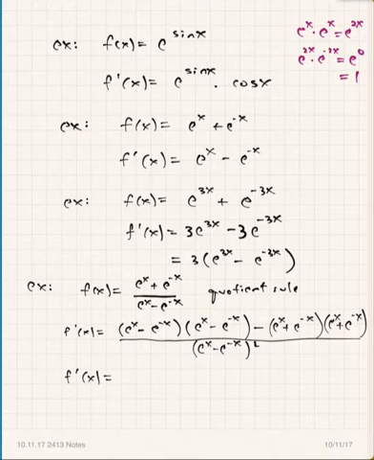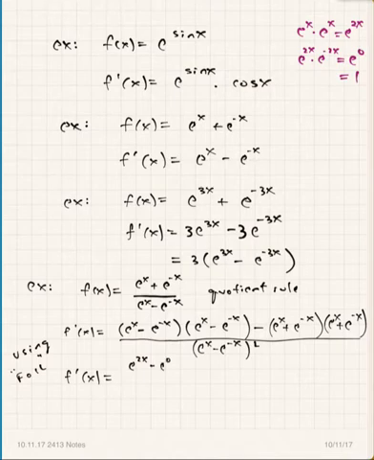So using the good old-fashioned FOIL method, you have e to the x times e to the x is e to the 2x. Outside 2, e to the x times e to the negative x would be minus e to the 0, which I'll write as 1 in a minute. Inside 2 also gives you minus e to the 0. Last 2 gives you plus e to the negative 2x.